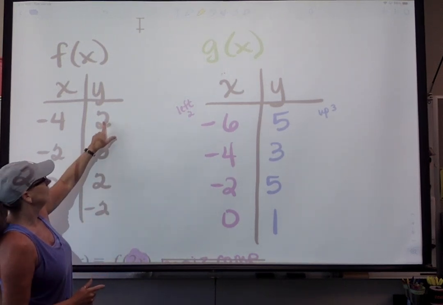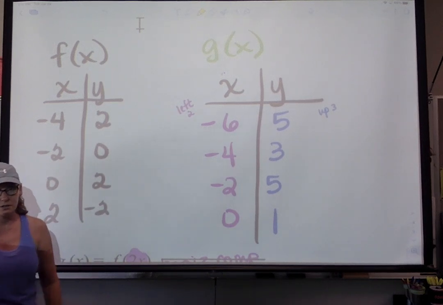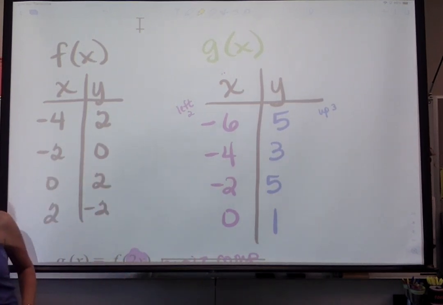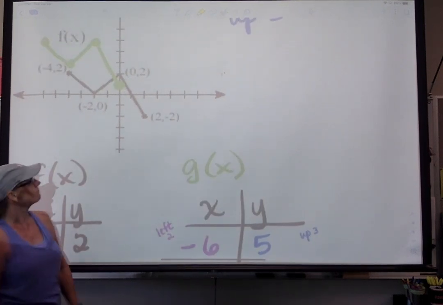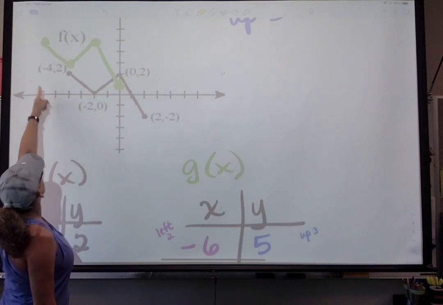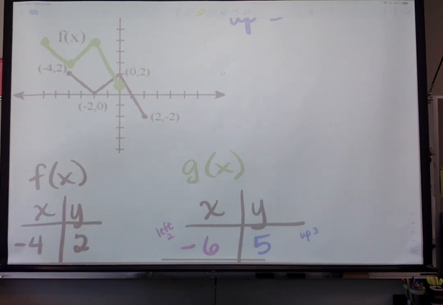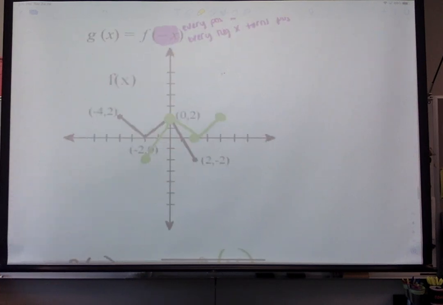And for the y's, I went up 3, up 3, up 3, up 3. I took my new ordered pairs, got my green marker, and graphed them. (-6, 5), and so on. Again, pause the video, copy it down, see if you've got it.